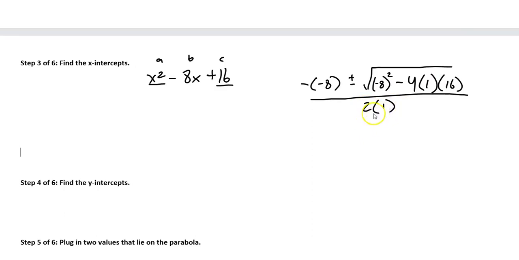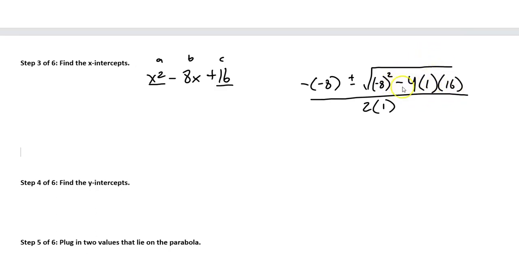Watch what's going to happen here. I want you to really pay attention to the discriminant right now. We've already worked this part out a little bit, but look, 8 squared is going to end up being 64, a positive 64 here. Then 4 times 16 is going to end up being a negative 64.